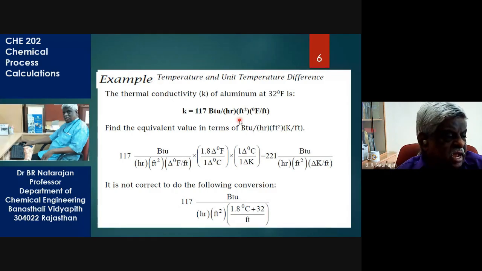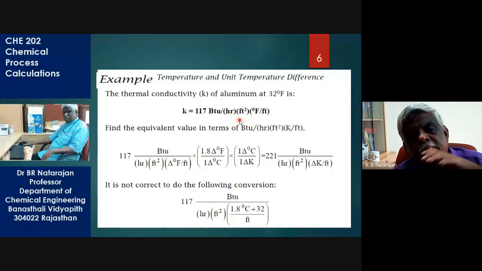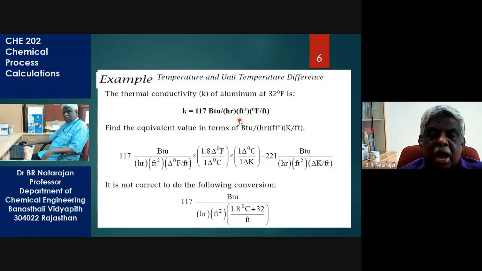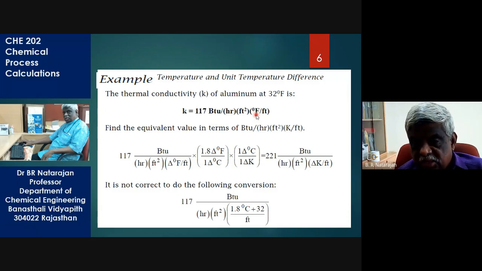First understand that for thermal conductivity, does the temperature here denote the actual temperature or a phenomenon? As the temperature varies, the thermal conductivity value also varies. So the degree F here must be denoting change in temperature more than the actual value of temperature.